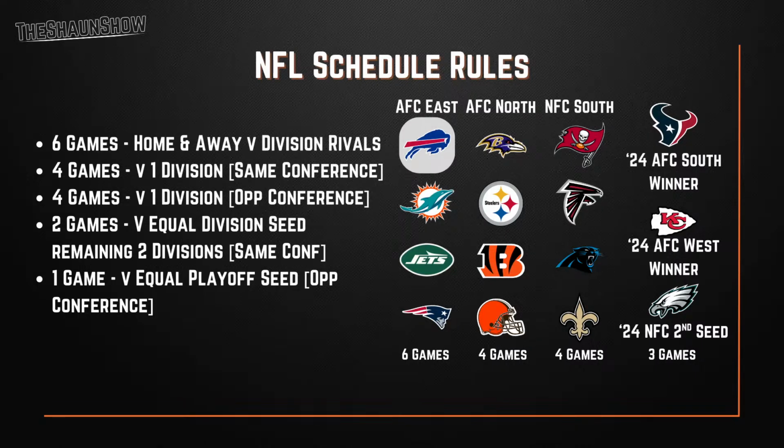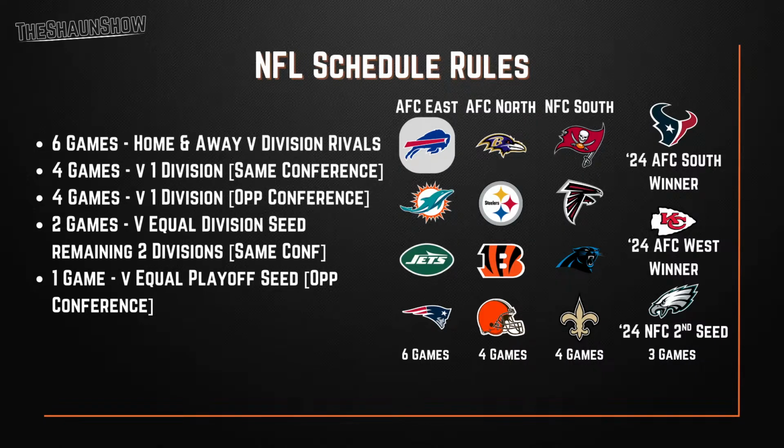Now, the final game that has to get placed into their schedule doesn't mean it's the last game of the season. This doesn't determine order. The last game for their schedule is the equal playoff seed of the previous season of the opposing conference. So again, I'll explain it. Last season, the Bills came second.